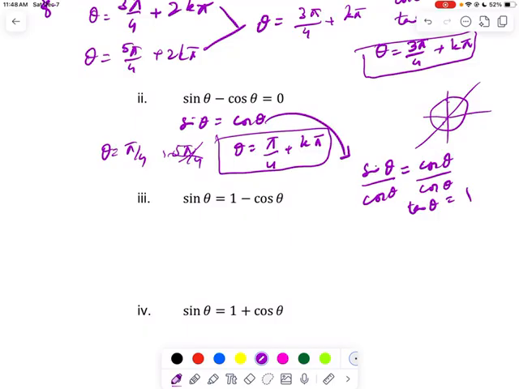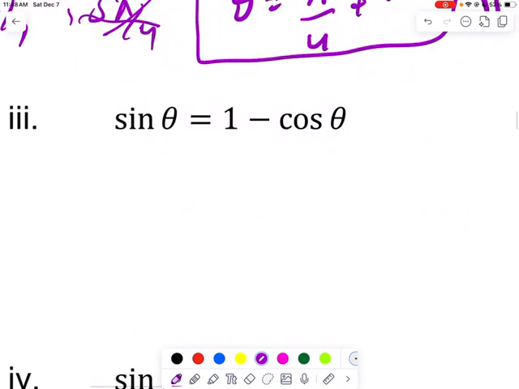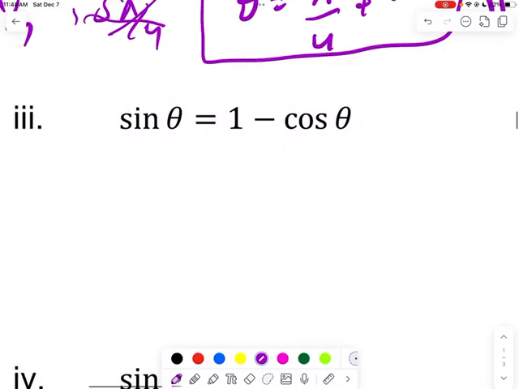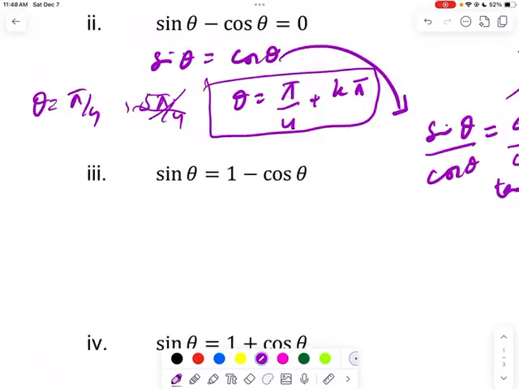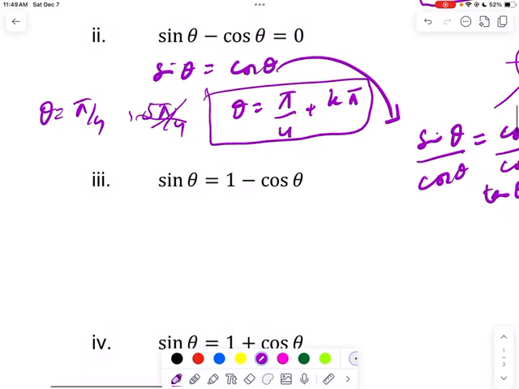Okay, now looking at the next one. This one is also a little bit different from the previous, so this is the one we are looking at. Now let's move the cosine to the left side.